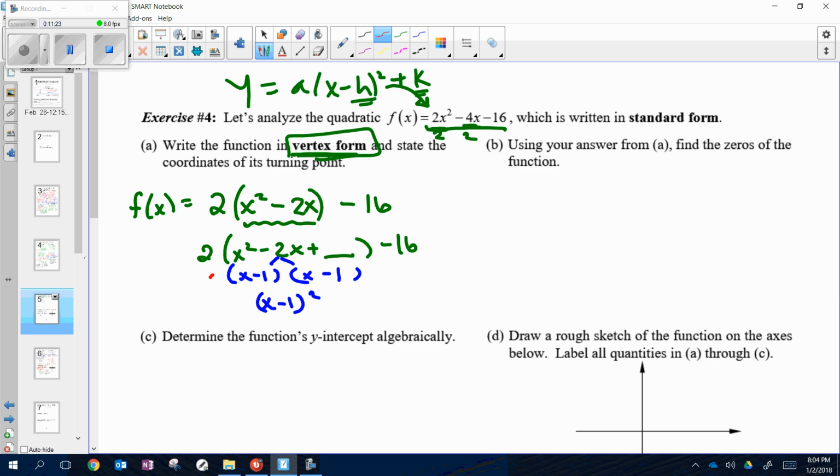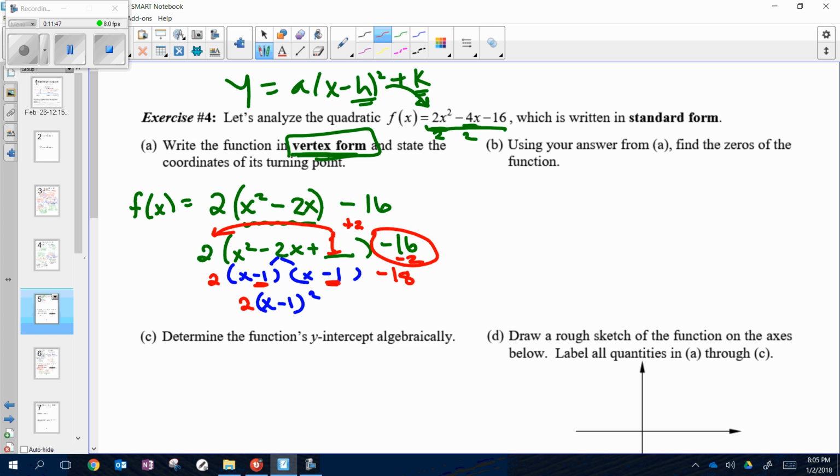Okay, but I still have the 2 in front of it. And when I look at this number I created, that was a 1. So I put a 1 right there. Negative 1 times negative 1 is a positive 1. That's actually doubled, so that's actually a 2 that I just put in, so I need to take off a 2. That's a negative 18.